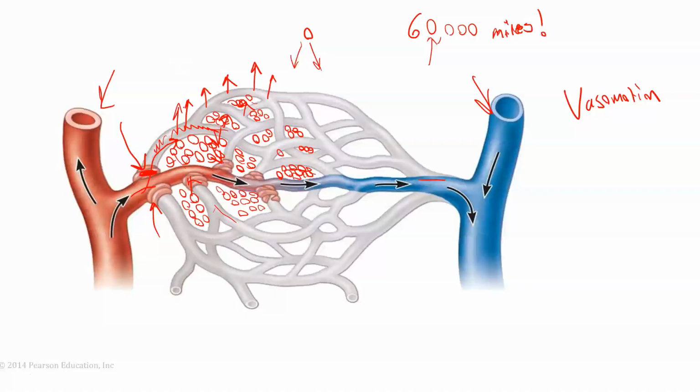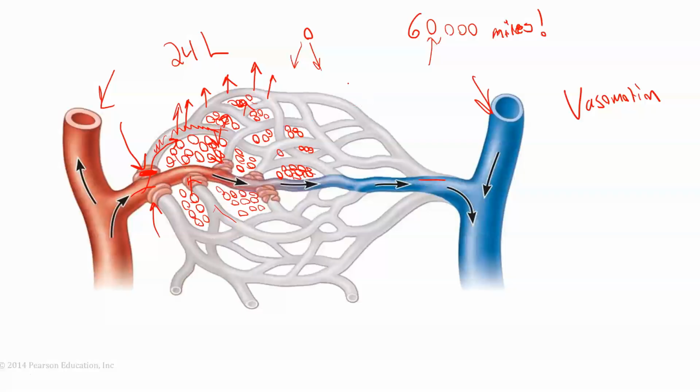Well, if you were to tally up how much fluid is lost out of a capillary bed towards the origin of the capillary bed, which would be called the proximal end of it, it's about 24 liters a day of fluid. In all of your capillary beds throughout your body, there's about 24 liters of fluid lost.